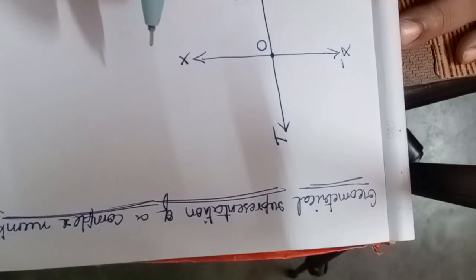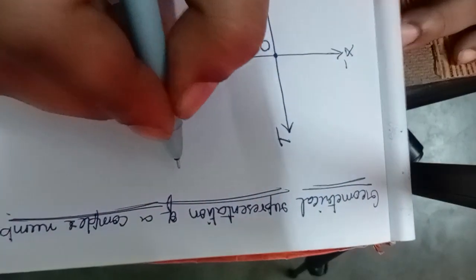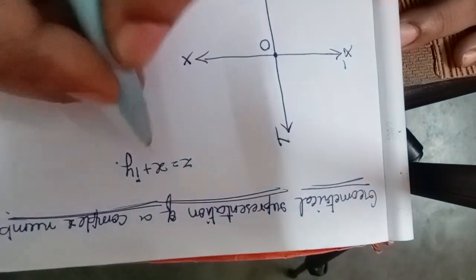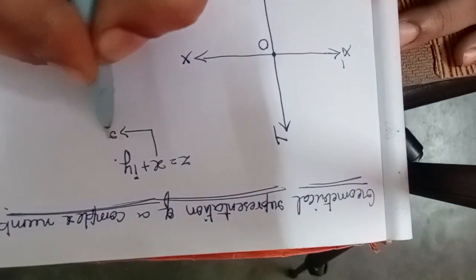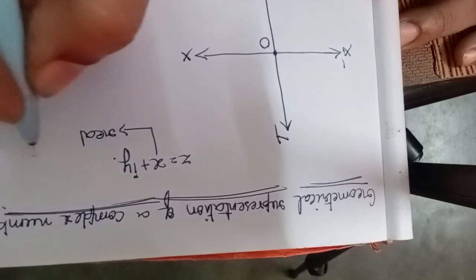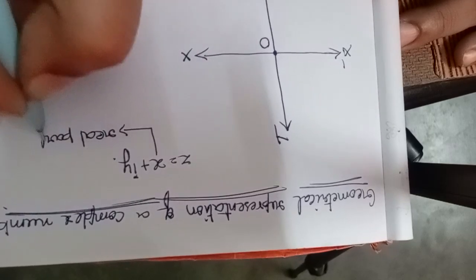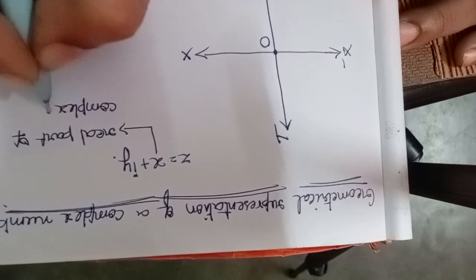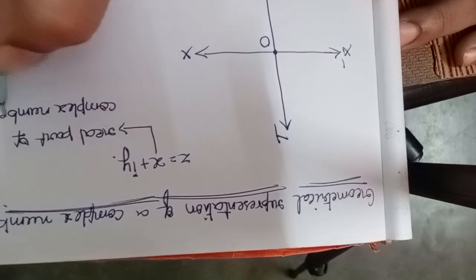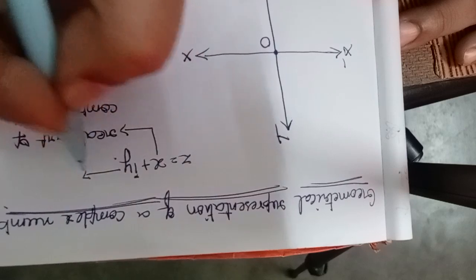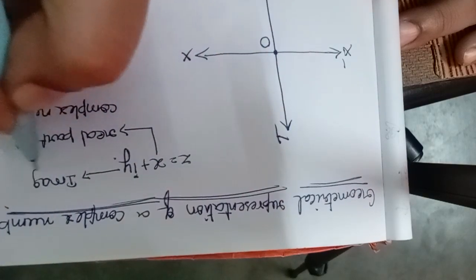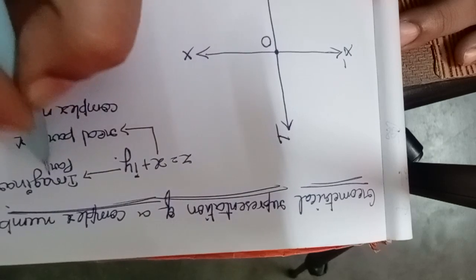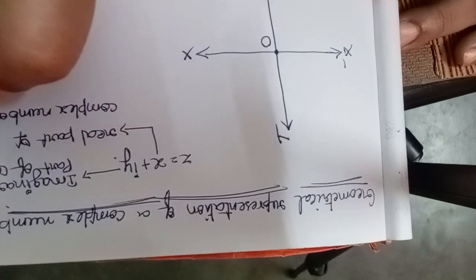So, what is a complex number? It looks like z equals x plus iy, right? This x is the real part of the complex number, and this is the imaginary part of the complex number.